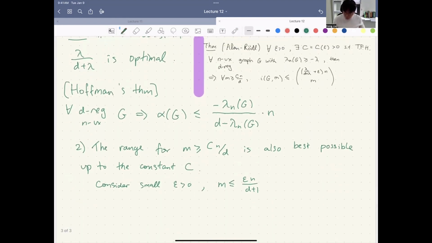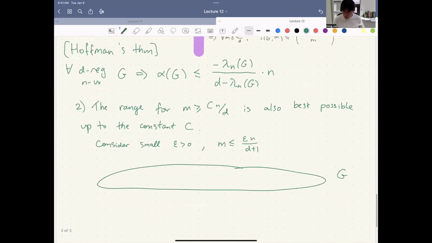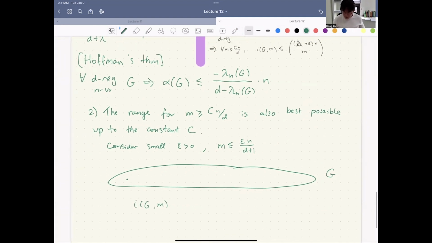So if m is smaller than this, what we can do is we just greedily pick, so this is our graph G. I claim that I of G m, the number of independent sets of size m, is at least (1 minus epsilon) n choose m.